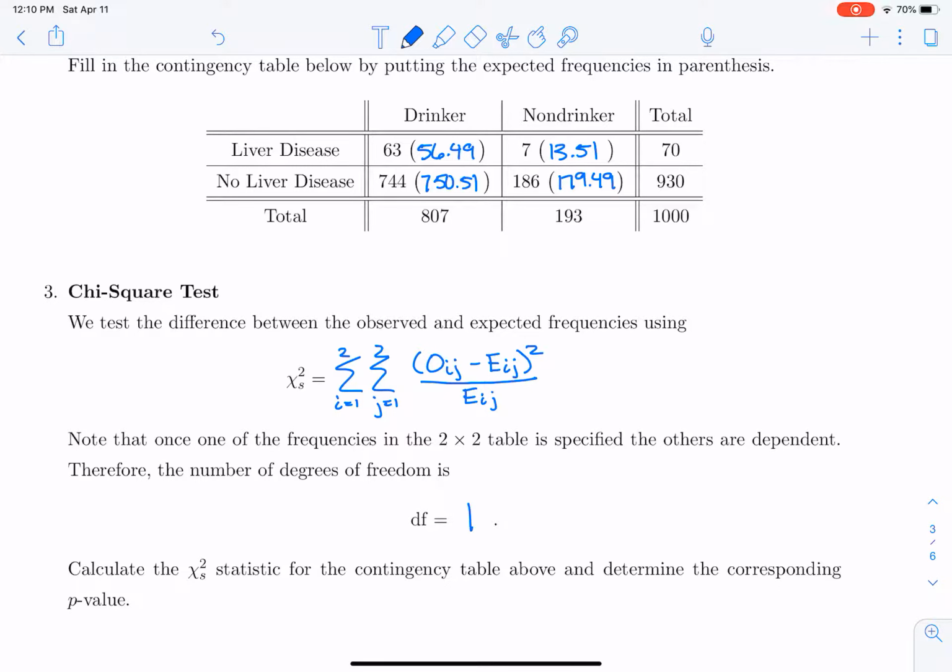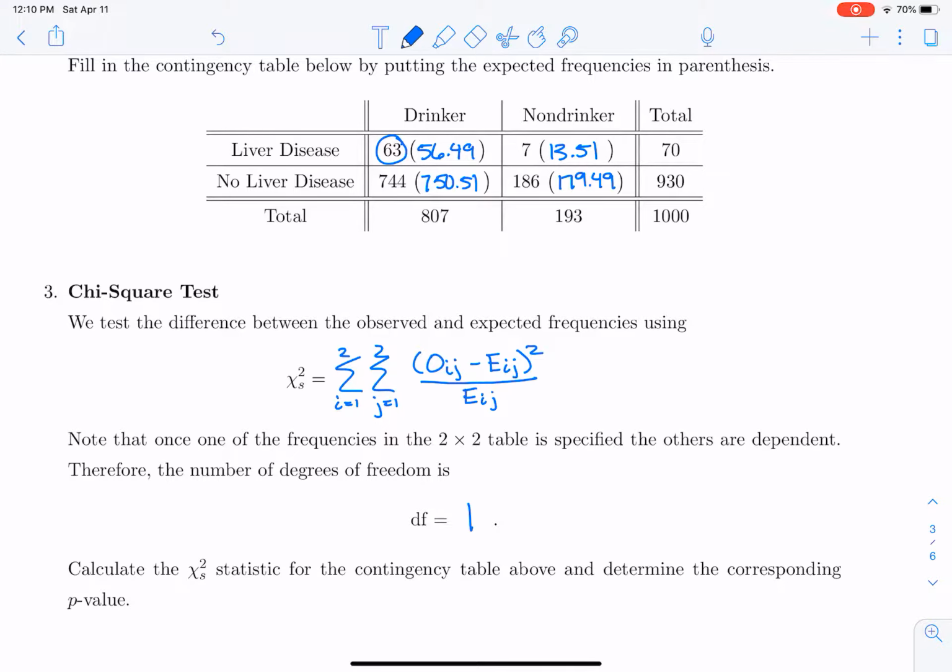Now you say to yourself, why is the number of degrees of freedom going to be 1? Well, last time we saw the number of degrees of freedom was really the number of independent variables that we had. So how many independent variables do we have here? Once you determine the number of drinkers with liver disease, 63, you can determine all of the other three.